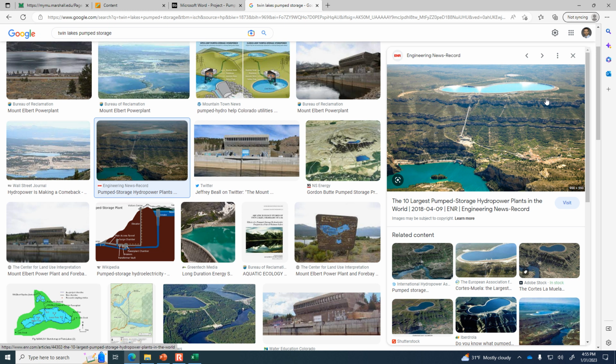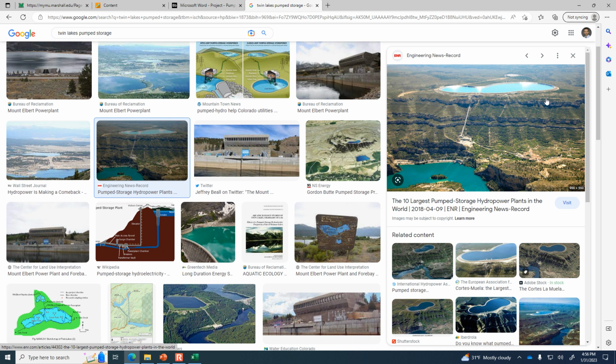But there's more and more emphasis on pump storage. It used to be that nuclear and pump storage would go hand in hand, but then nuclear went downhill in the 80s. There hasn't been a new nuclear power plant built in the United States in probably 30 years.